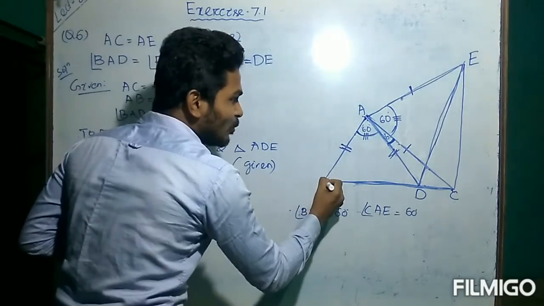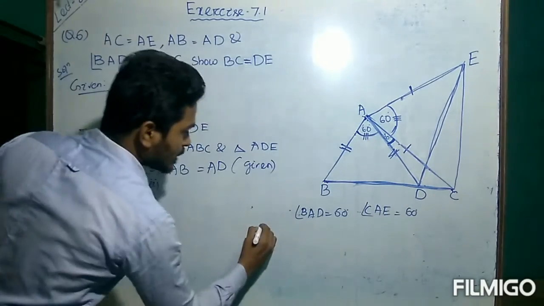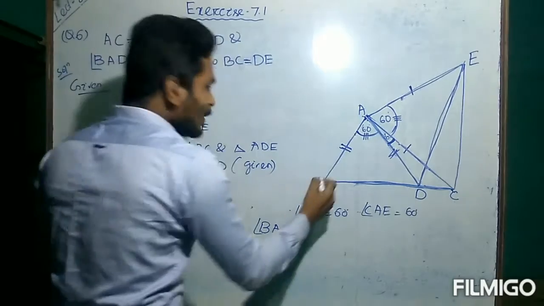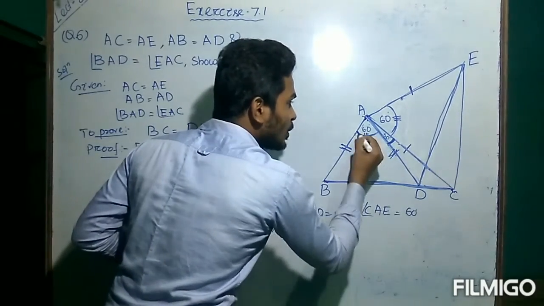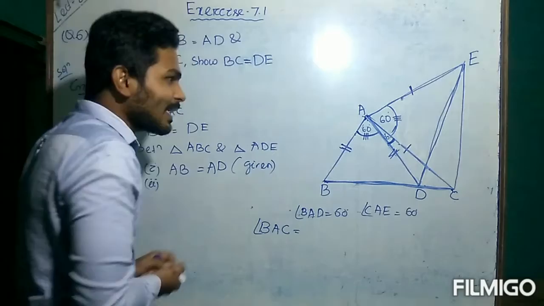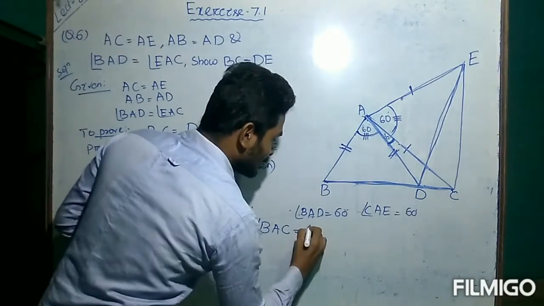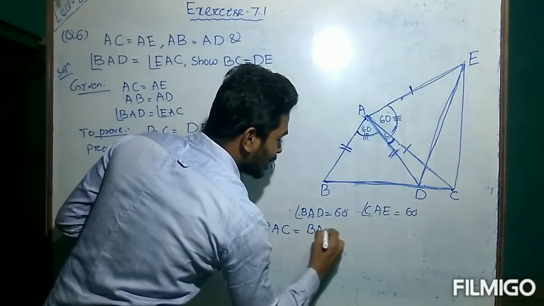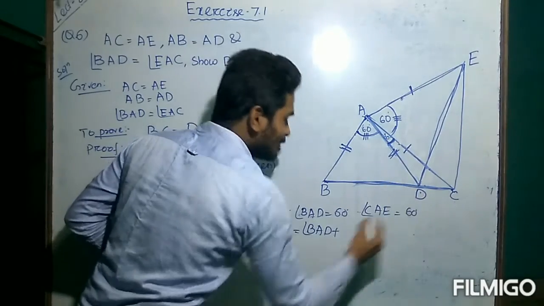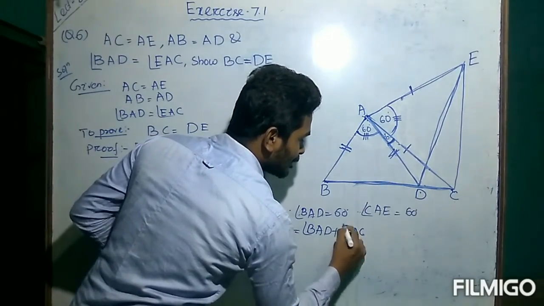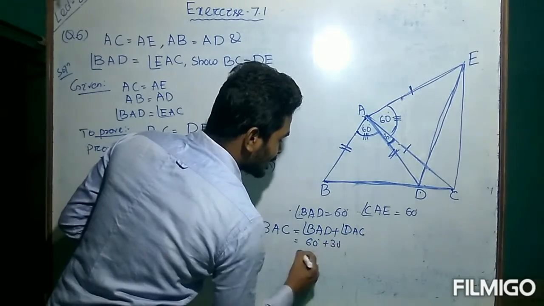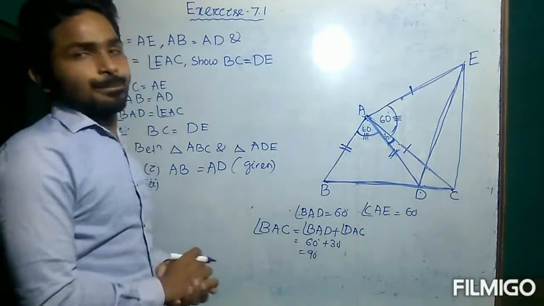Now, tell me, what is the value of BAC? Can we write BAC is equal to this small angle plus this small angle? Yes, we can write. BAD plus this small angle is equal to 60 plus 30, which is equal to 90.